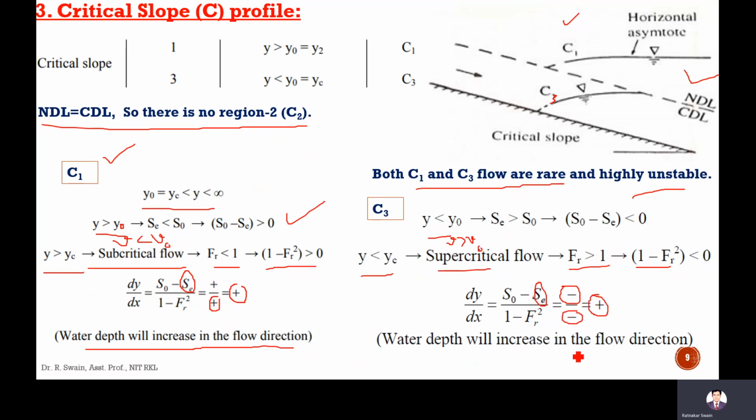It means water depth will increase in the flow direction. So in both cases, C1 and C3, water depth increases in the flow direction. These are rarely found. C1 and C3 are very rare and highly unstable. They may come for a very short period or very short length, but it is very rare.